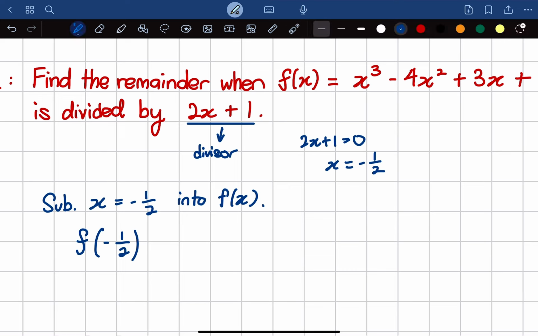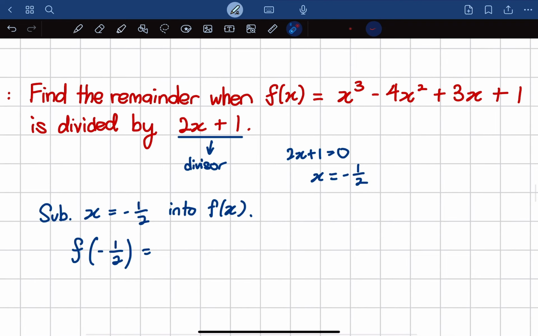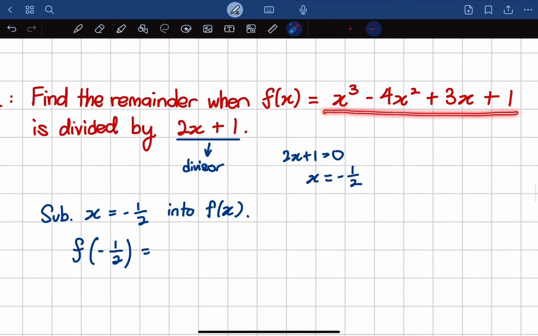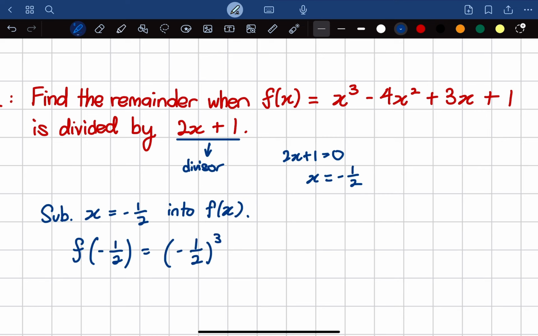So this becomes negative half cubed minus 4 times negative half squared plus 3 times negative half plus 1.